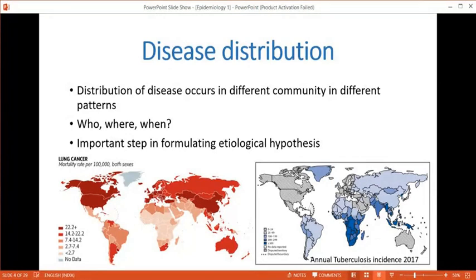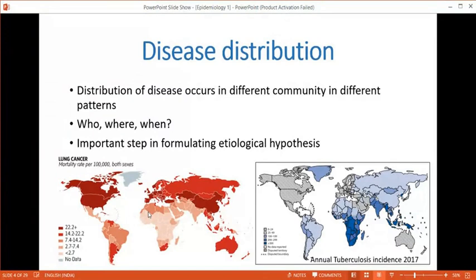So when you look into the example of the world map shown there, the red shows the high number of cases of lung cancer. The mortality rate per 100 million in both sexes is actually more in the United States, Canada, North America, and even in China and Russia.